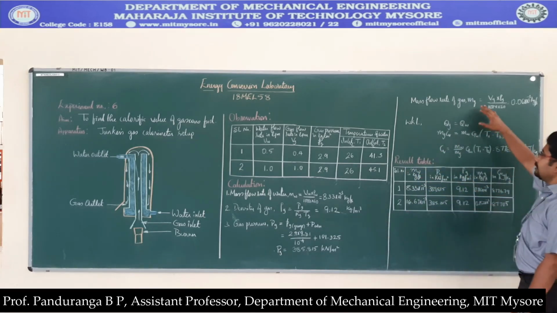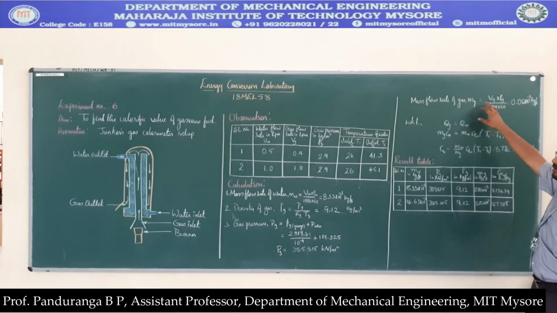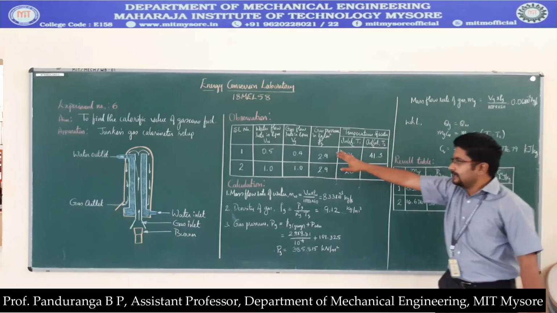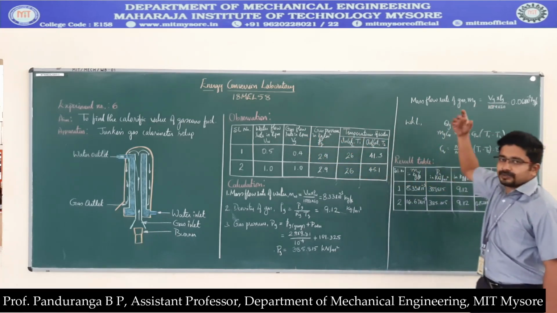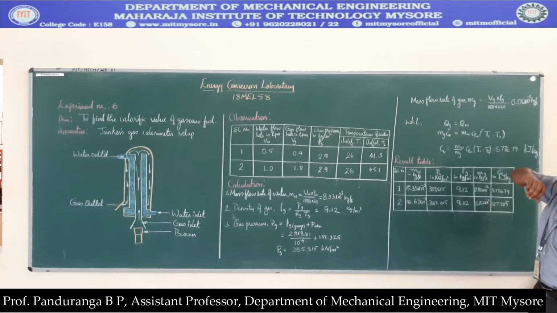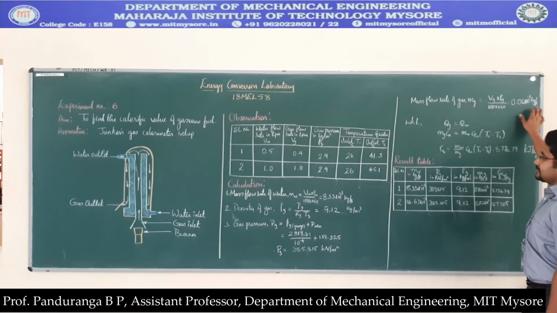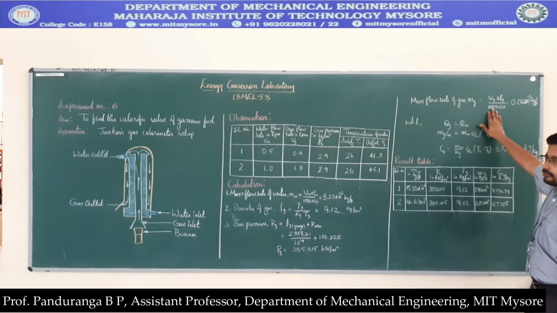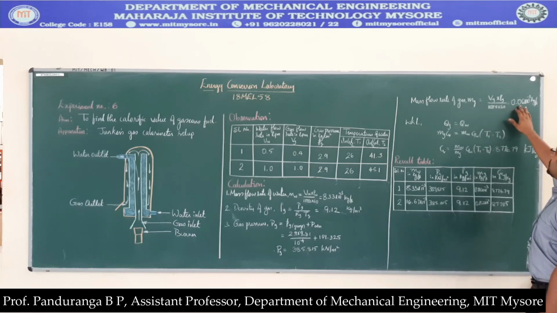Once we know the density, we can find out the mass flow rate. Mg will be equal to Vg rho g divided by 1000 into 60, where 1000 into 60 is to convert liters per minute to meter cube per second, multiplied by kg per meter cube will give us kg per second. So the mass flow rate of gas is 0.06 into 10 to the power of minus 3 kg per second.